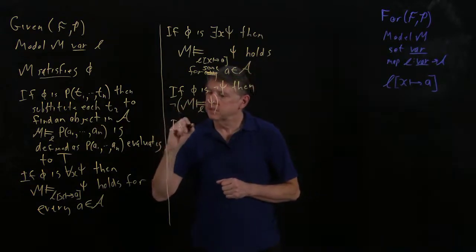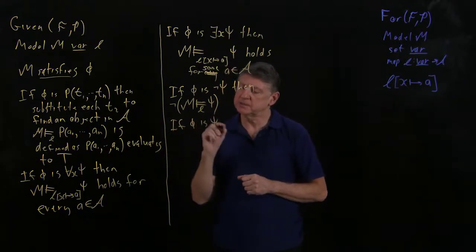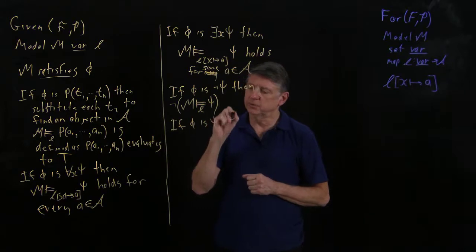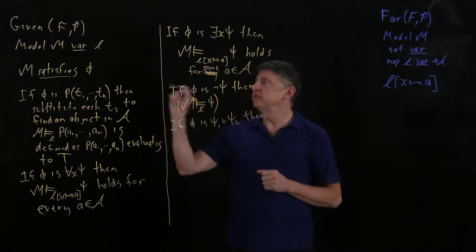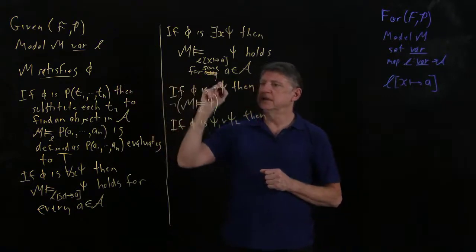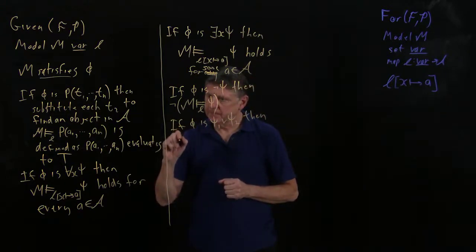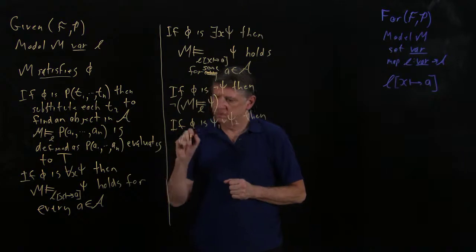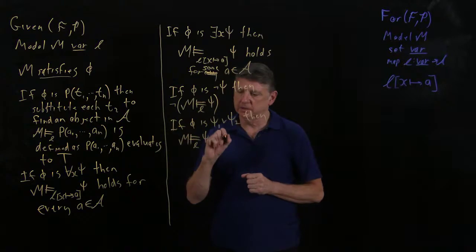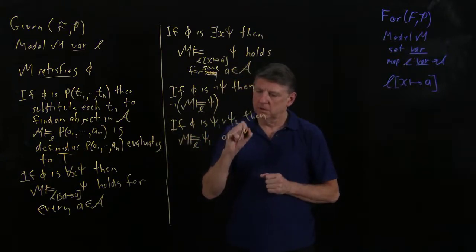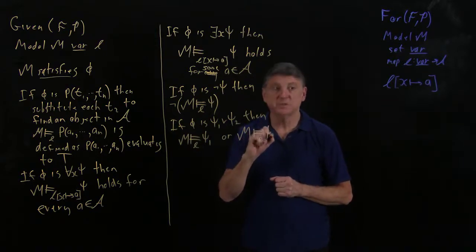If the formula is a disjunction, so suppose it's psi1 disjoined with psi2, then M satisfies this disjunction if the model using the lookup table satisfies psi1, or the model, using the lookup table, satisfies psi2.